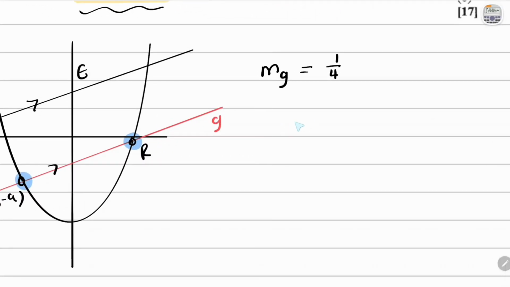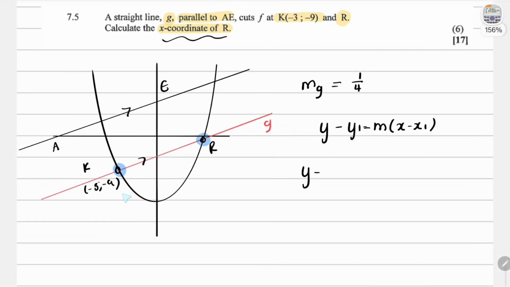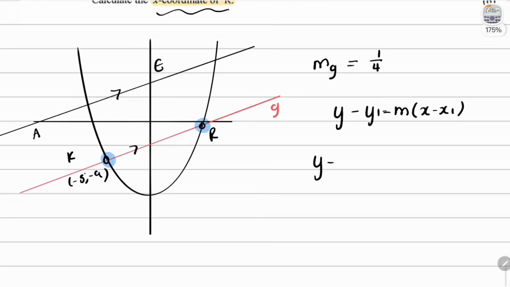So to find the equation of G, we'll say y minus y1 is equal to the gradient times x minus x1. And so that is y minus, and we're substituting K (-3, -9), since it's the only point we have on this graph G right now. So minus -9, which just becomes a +9, is equal to the gradient of 1/4 times x minus -3, which becomes a +3.